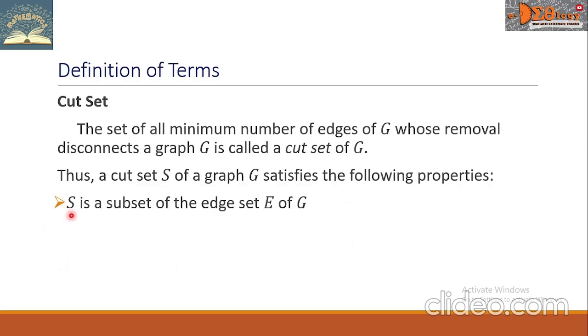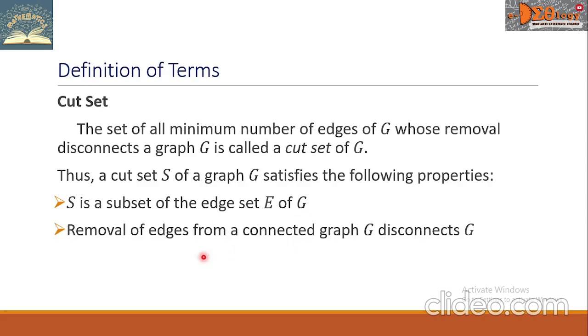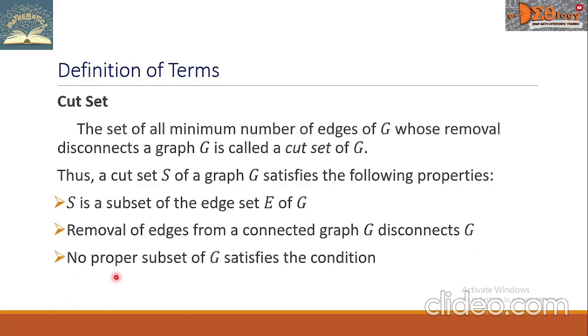Number 1, S is a subset of the edge set E of the graph G. Next, removal of these edges from a connected graph G disconnects graph G. Next, no proper subset of S satisfies the condition.